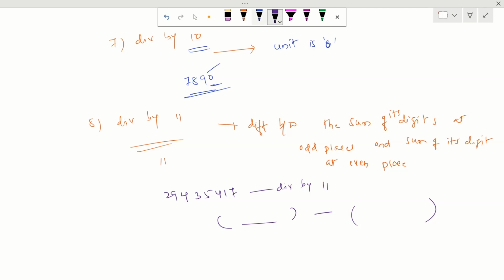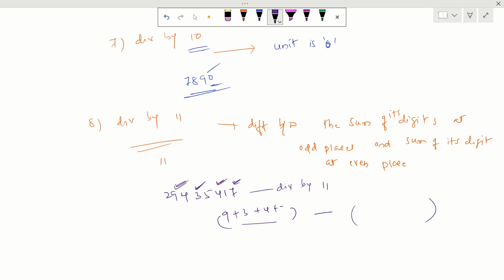Which are the odd places? Here these are the odd positions: first, third, fifth. The first number is at an odd position, the second is at an even position. The numbers at the odd positions we take and add: 9 plus 3 plus 4 plus 7.